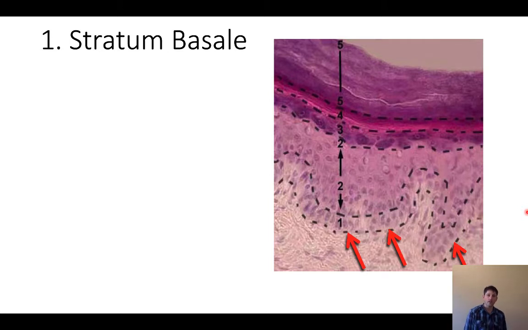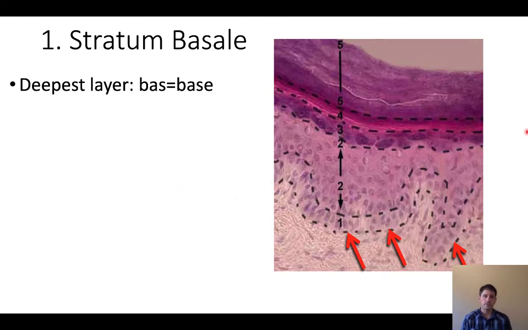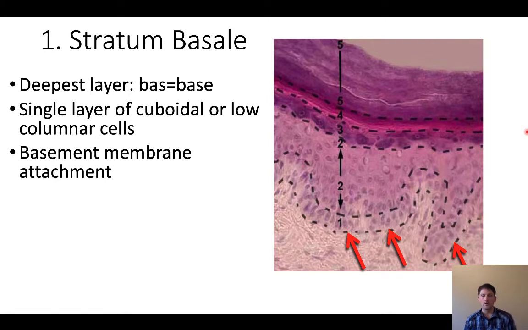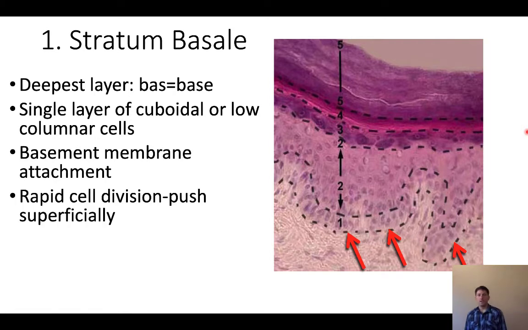All right, now we'll start at the bottom and work our way up superficially. The stratum basale, you can see here numbered 1 with some arrows elaborating where our basement membrane would be. What does this layer do? It's our deepest layer, a single layer of cuboidal cells, or with a low columnar shape, and they are attached to the basement membrane.